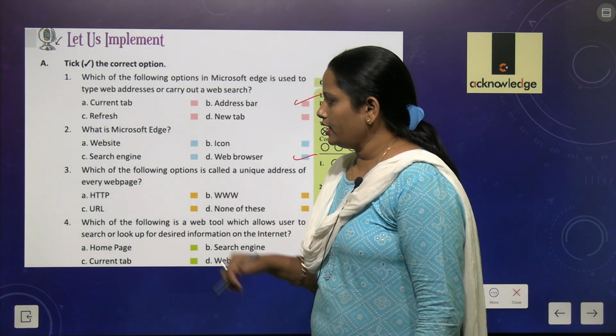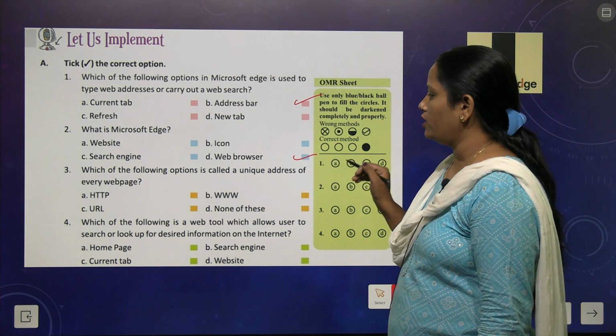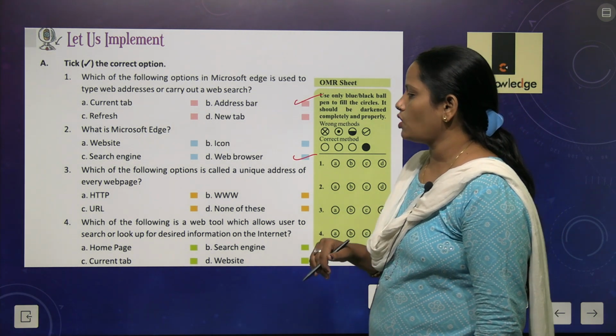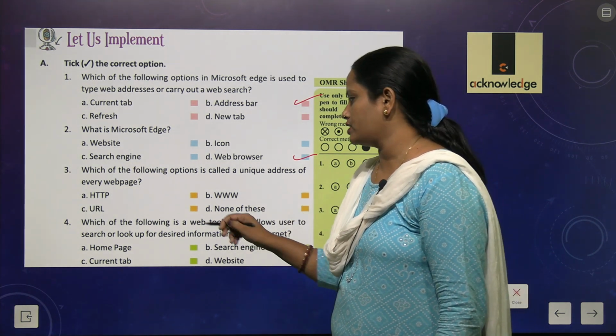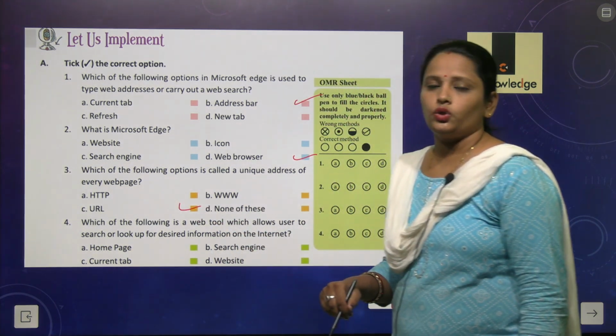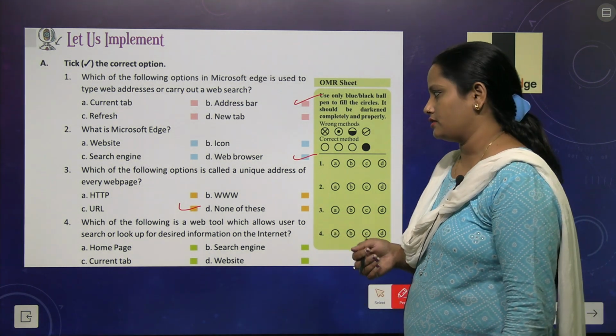Third, which of the following options is called a unique address of every page? Every page has a unique address. What is that called? It is called URL, that means Uniform Resource Locator.